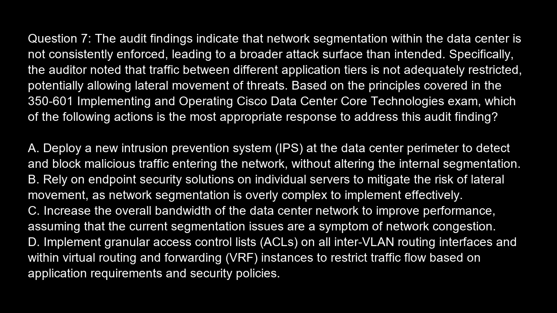Option C. Increase the overall bandwidth of the data center network to improve performance, assuming that the current segmentation issues are a symptom of network congestion. Option D. Implement granular access control lists, ACL, on all interVLAN routing interfaces and within virtual routing and forwarding, VRF, instances to restrict traffic flow based on application requirements and security policies.